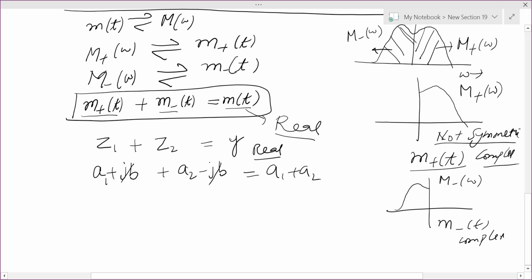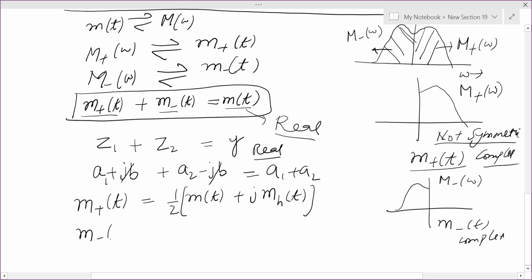But further you know that their sum here is m of t, so the only form of m plus of t and m minus of t has to be half m of t plus j times mh of t, where mh is the imaginary part. The reason for h will appear soon. Similarly, m minus of t I can write as half m of t minus j times mh of t.